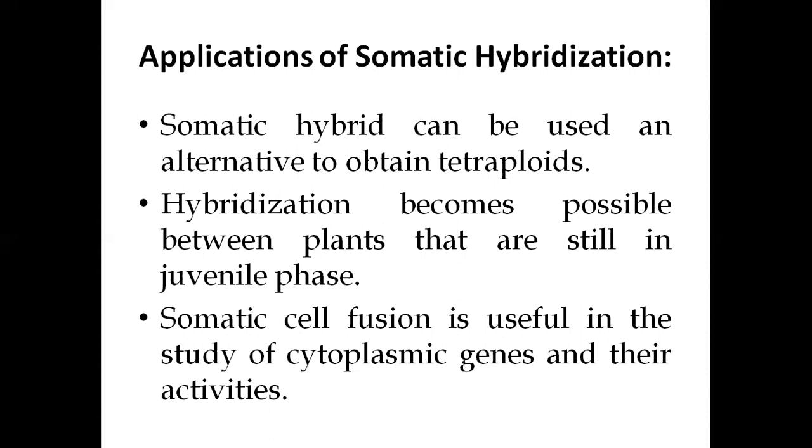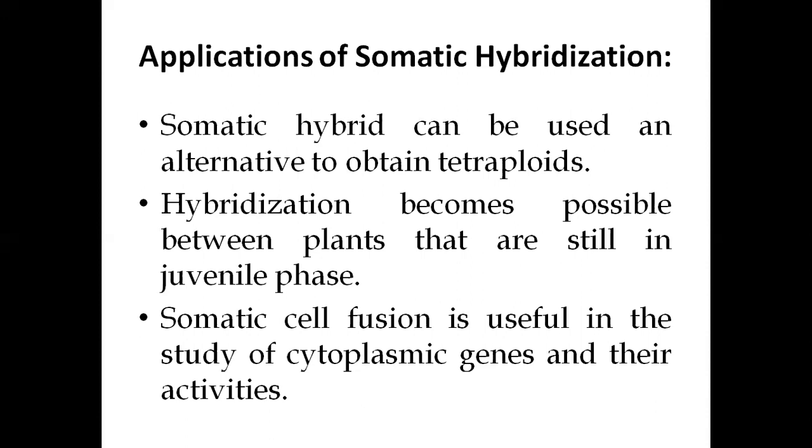Using this technique, we have the hybrid of potato and tomato, called pomato. So pomato will bear the tomato in the shoot region and potato in the root region. So that is the advantage of having the technique of somatic hybridization.